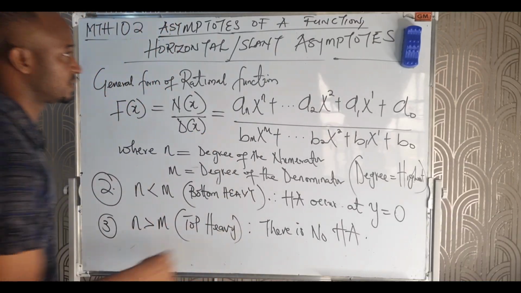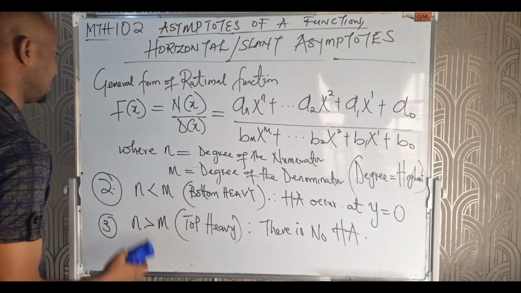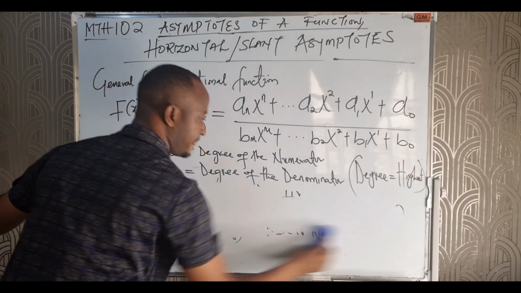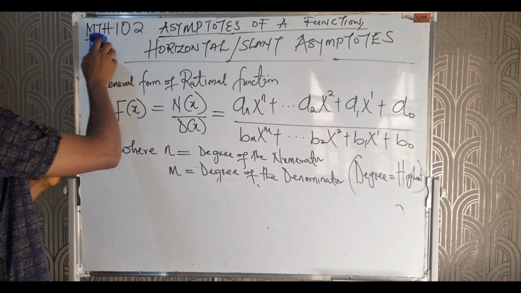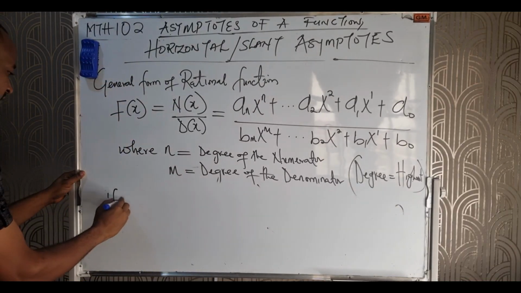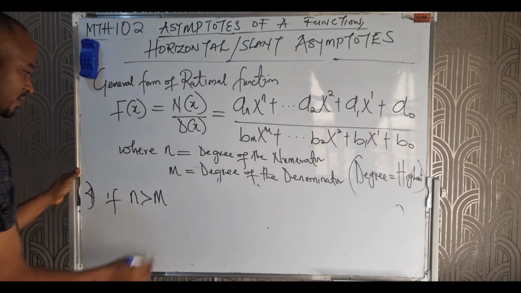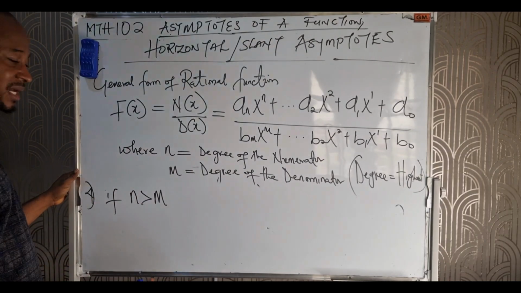Now, the last condition that will lead us into slant asymptotes is the fourth condition. If n is greater than m, we have seen that there is no horizontal asymptote.